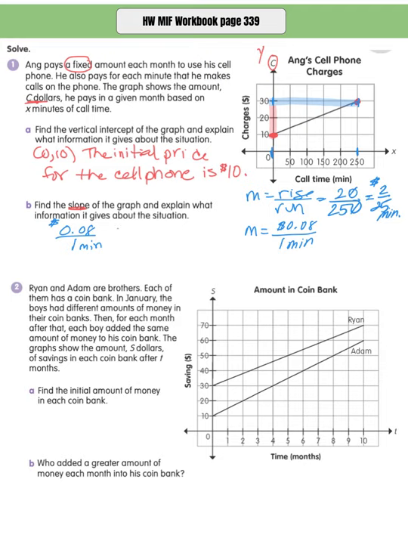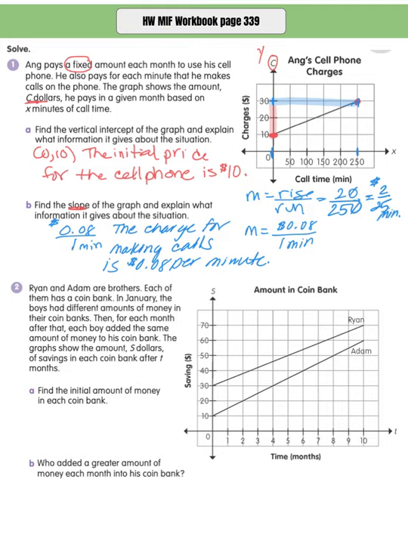The charge for making calls is 8 cents per minute, and you can write it any way you want. Okay, so here the charge for making calls is 8 cents per minute.